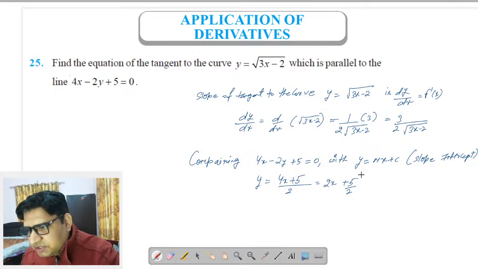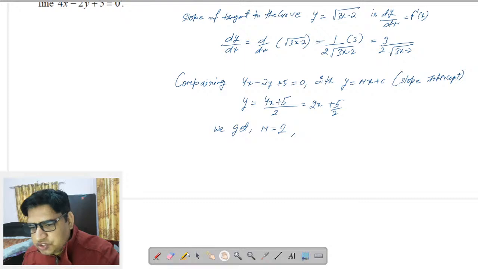If we compare this equation with y is equal to mx plus c, we get m is equal to 2.